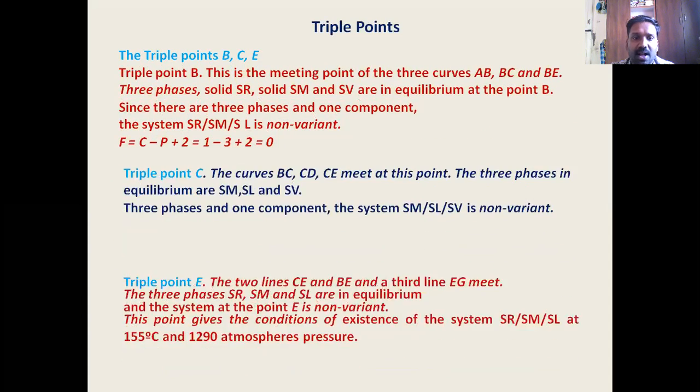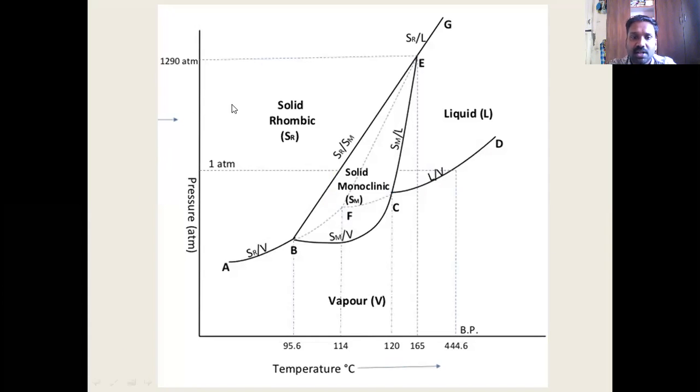Fine. So what are these triple points? Where are these triple points? First of all, you look into the phase diagram and pick a point, for example B, where 3 phases are meeting. At B, which are the phases in equilibrium? Rhombic sulfur, vapor, monoclinic sulfur.